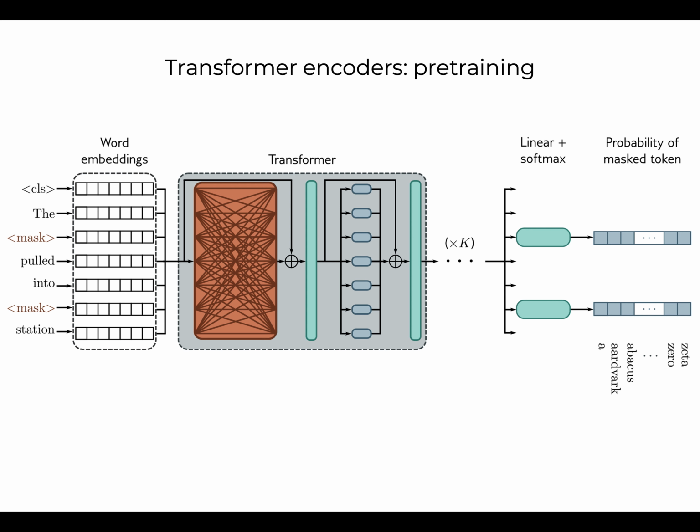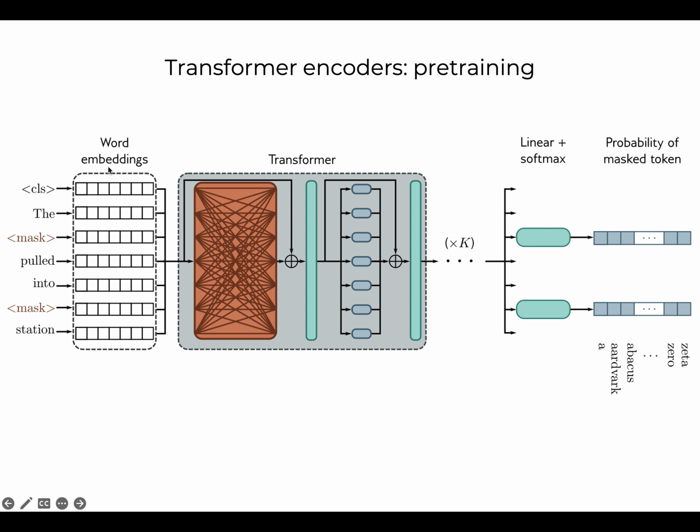So now let's see how that transformer layer can be stacked into something quite useful. The first thing we're going to see is a transformer encoder that can be applied to natural language. The idea here is to pre-train an encoder that learns a good model of language understanding.